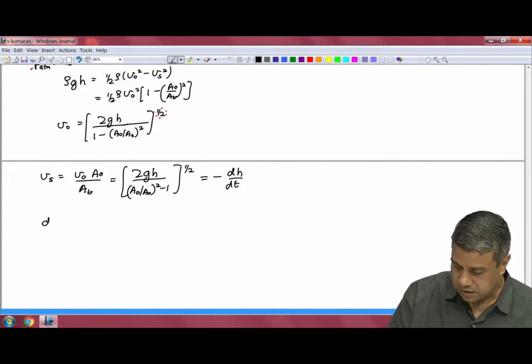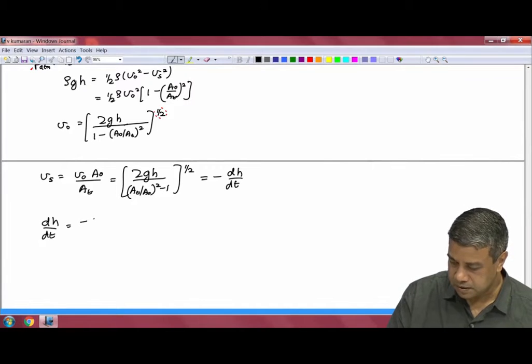Therefore, dh by dt is equal to minus the square root of 2g by ((At by A0) the whole square minus 1) into h power half.